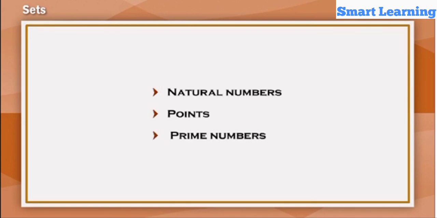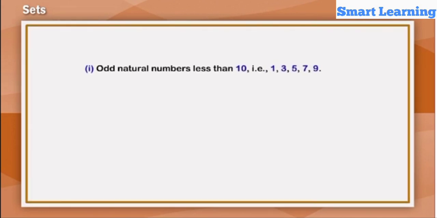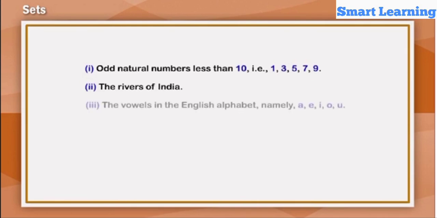More specially, we examine the following collections. 1. Odd natural numbers less than 10, that is 1, 3, 5, 7, 9. 2. The rivers of India. 3.